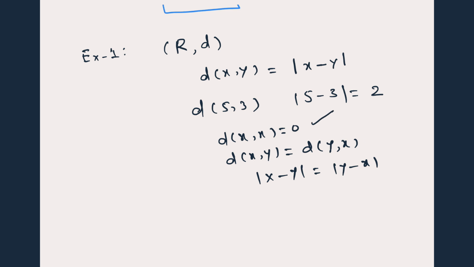The first axiom is also verified because it is always a non-negative real number, and the triangular inequality is also obeyed here. So, this is quite obvious.